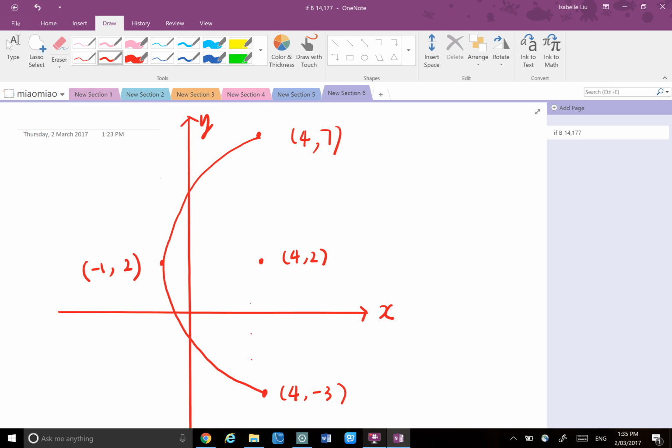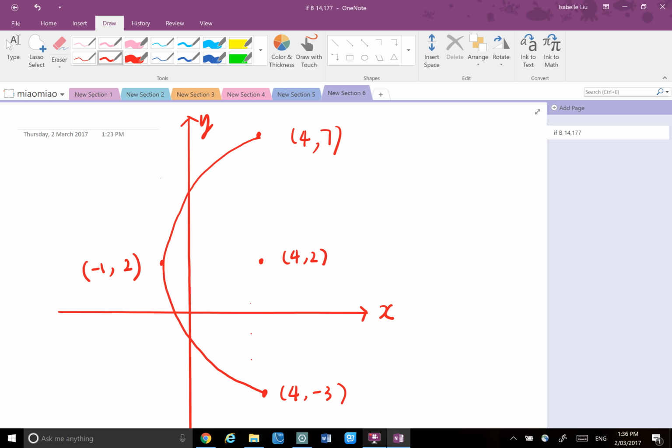Okay, so suppose that we have another half of the graph. And also find out the two y-intercepts and one x-intercept from the system. So that's all one obstacle.